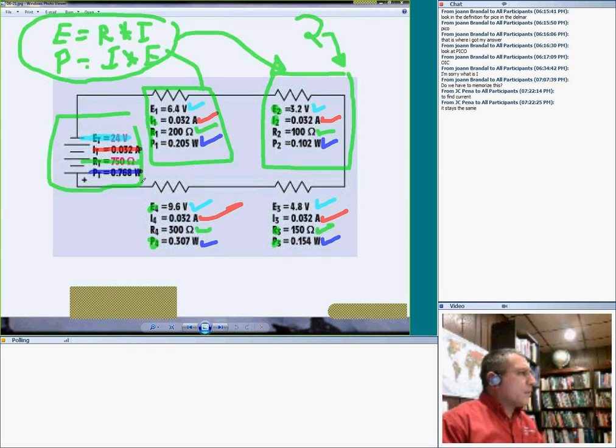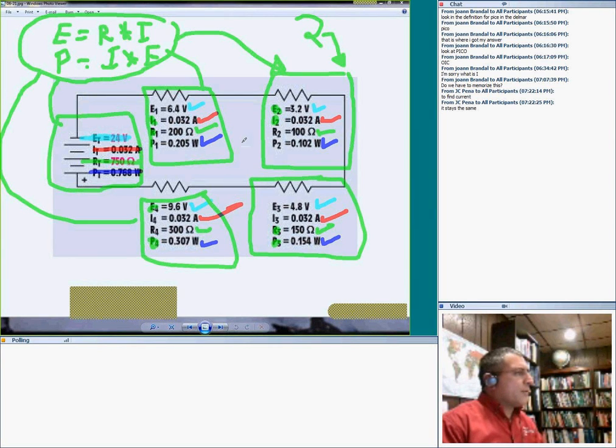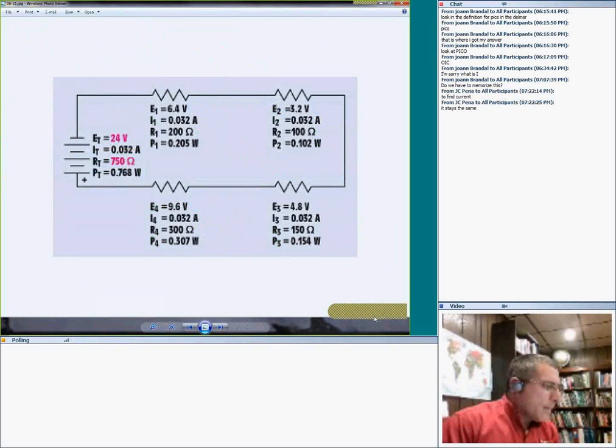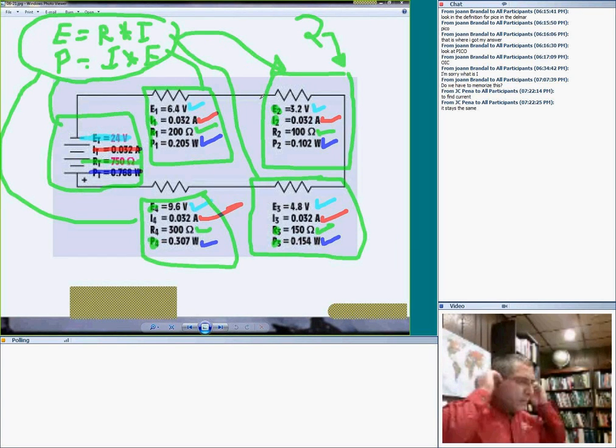We apply it for this component here, and of course here, and last but not least the last component right in here. You can see that these rules and formulas apply to every single branch, every single component individually, and then you can find these four things for every single branch.